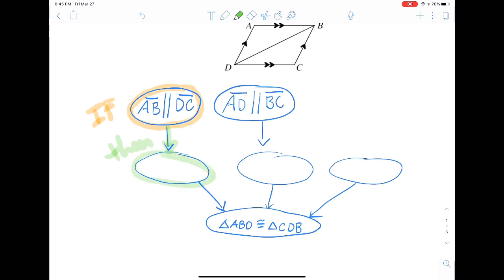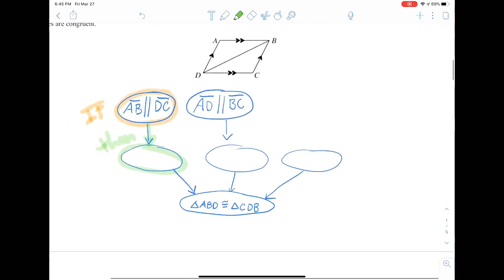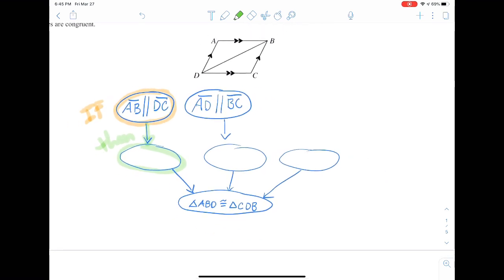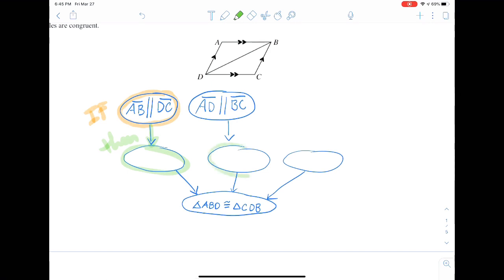If that, then that. And you're going to do the same thing here. This one on the far right obviously doesn't need an if above it.